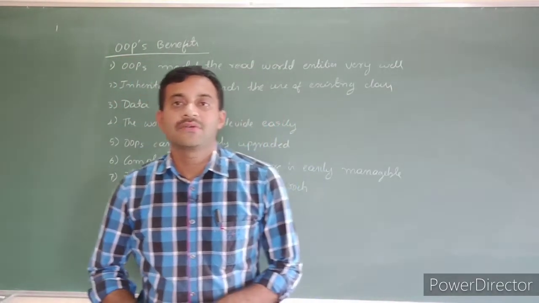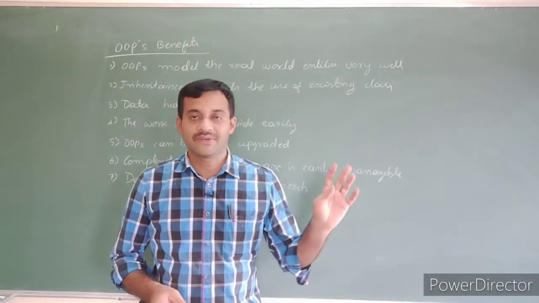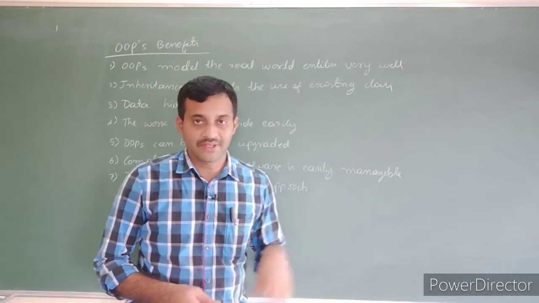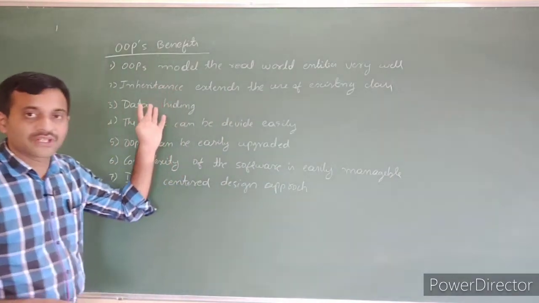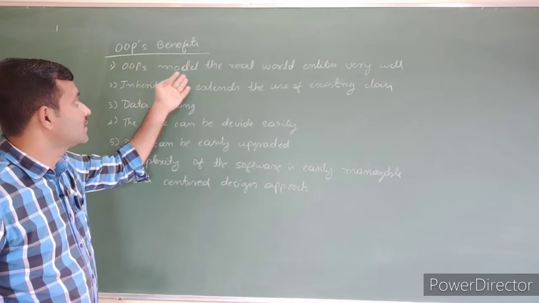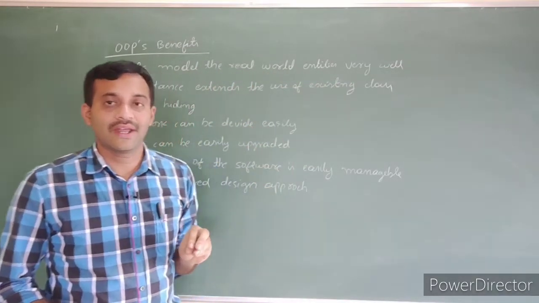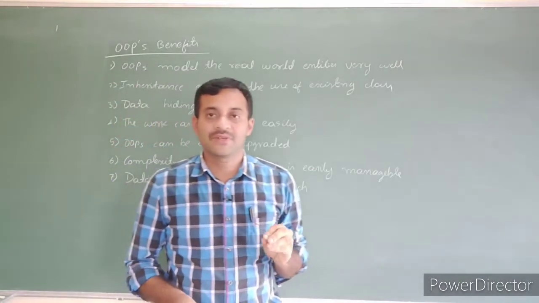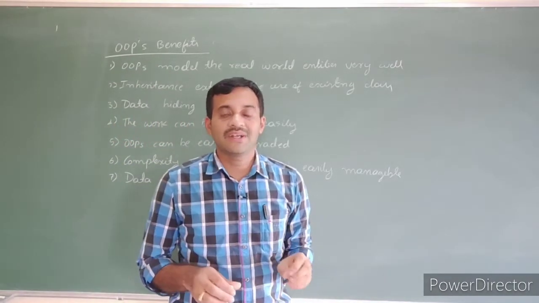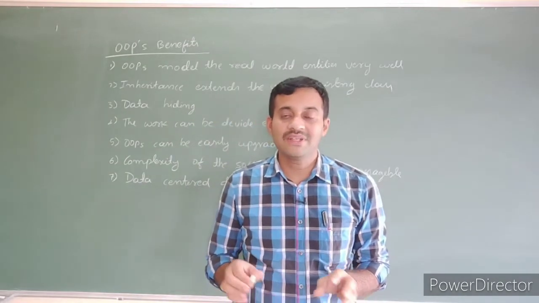Let's discuss the advantages of object-oriented programming. Advantages are benefits. The first advantage is that object-oriented programming models real-world entities very well. The meaning is that we can implement a real-world problem in C++.